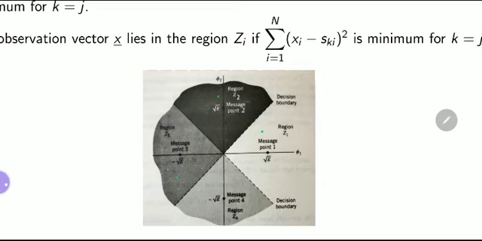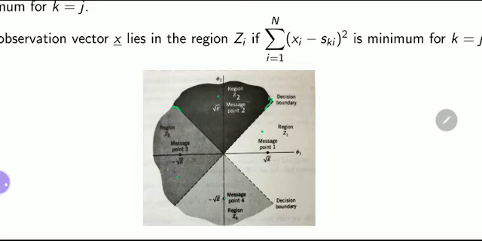So here there is an example. Here you have 4 message points in 2 dimensions, phi 1 and phi 2. This is message point 1, this is message point 2, message point 3, message point 4. These are S1, S2, S3 and S4. Now you can see the decision boundary is like this.